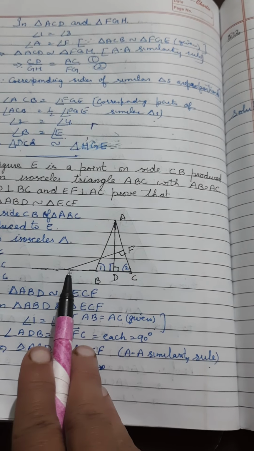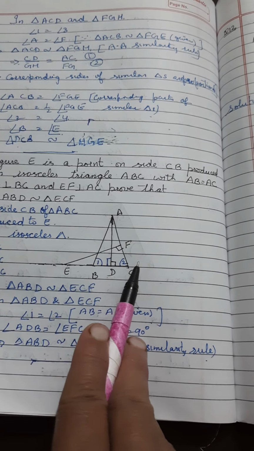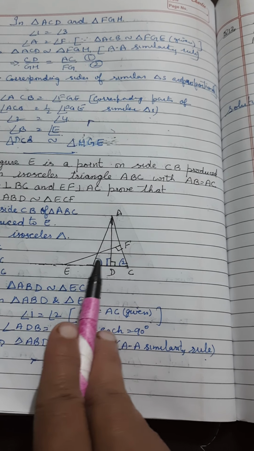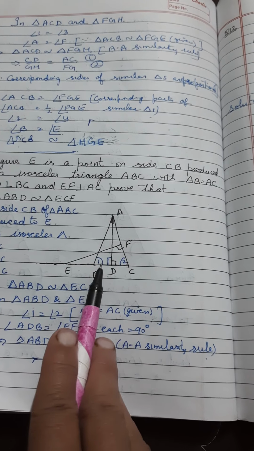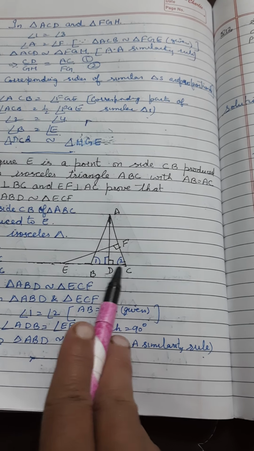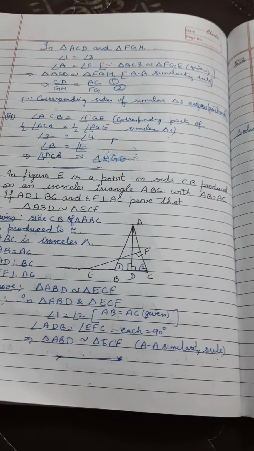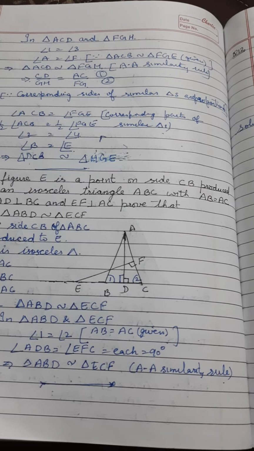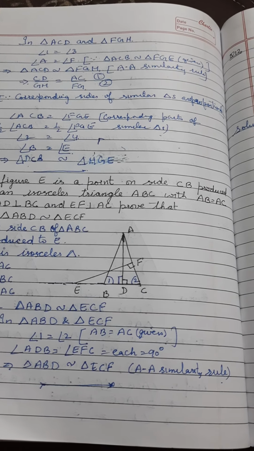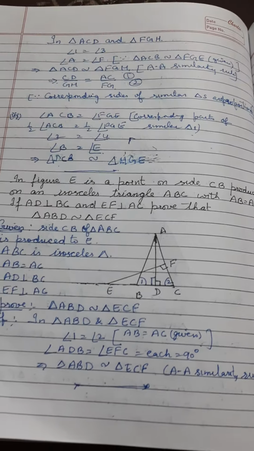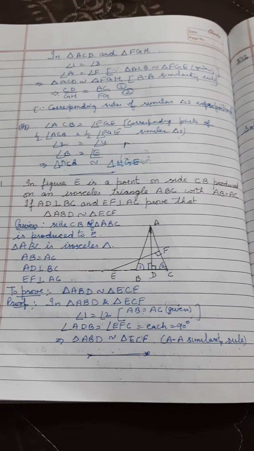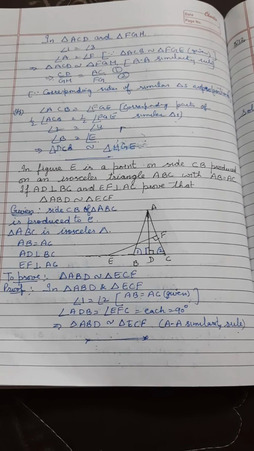This is angle 2 in this triangle, and this is angle 1 in this triangle. These angles are also equal, it is given. Therefore, triangles are similar by the angle similarity rule.